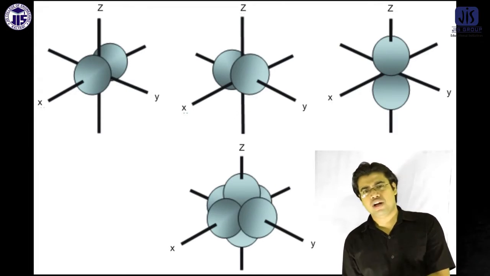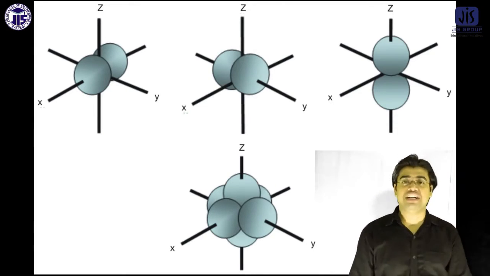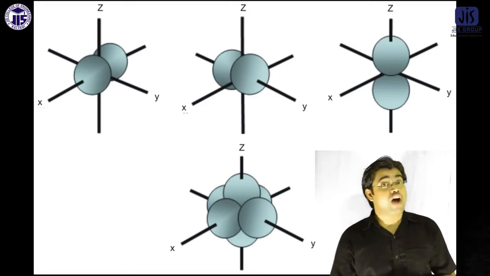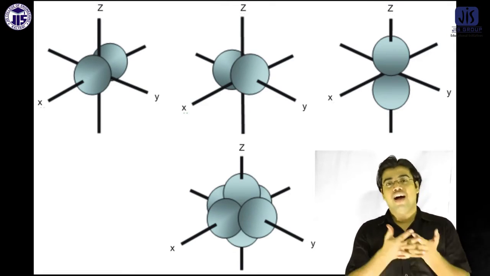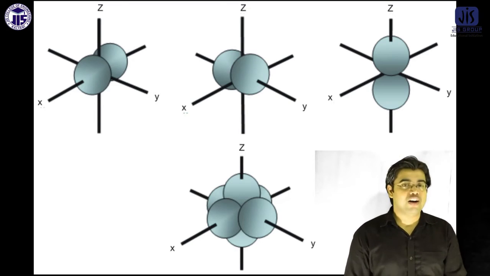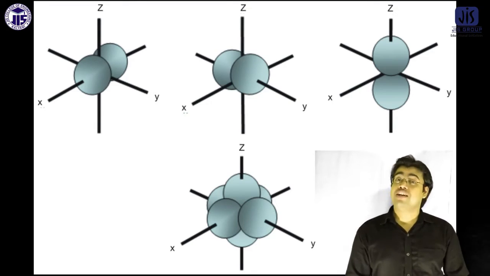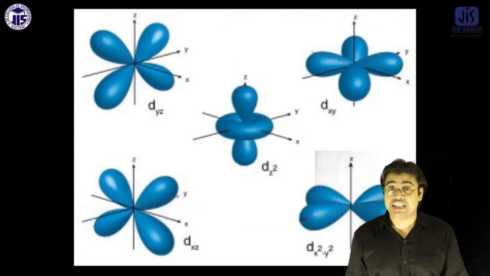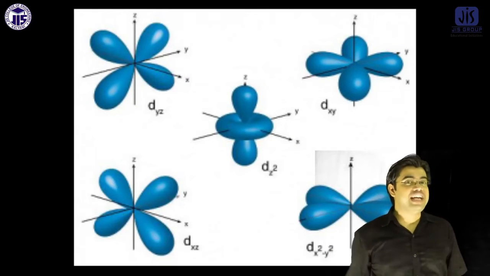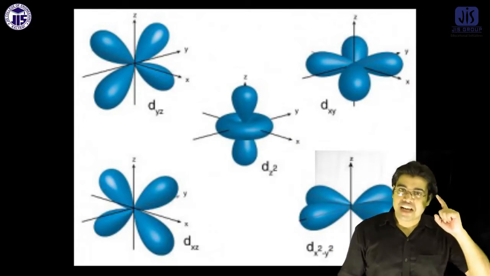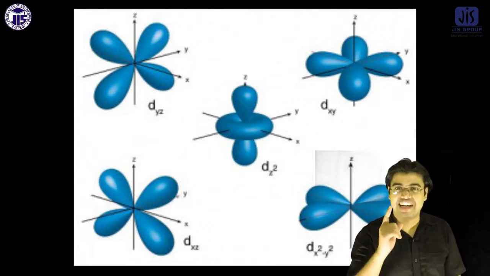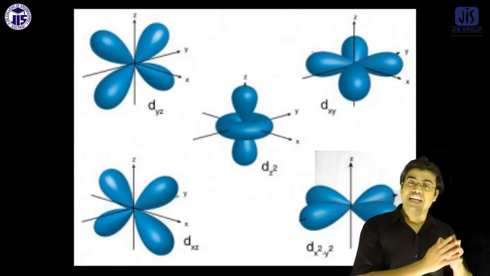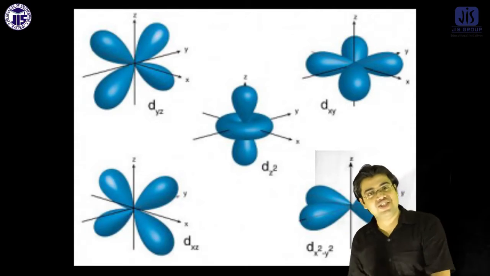Now come to the orbitals of the d subshell. There are 5 orbitals. You already know that there are 5 m values for the d subshell, so that's why there are 5 d orbitals. First one dxy, second one dyz, third one dzx, and then dx square minus y square and dz square.